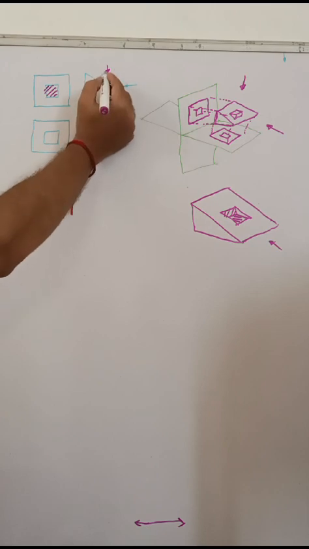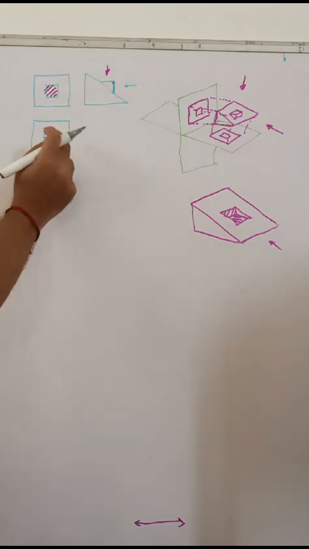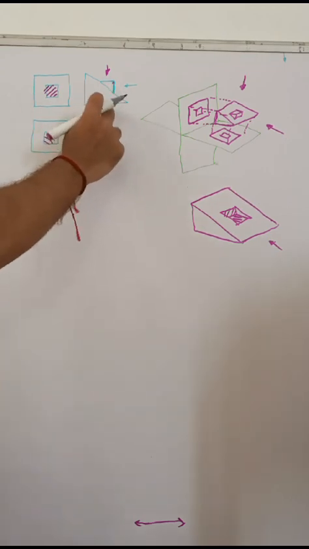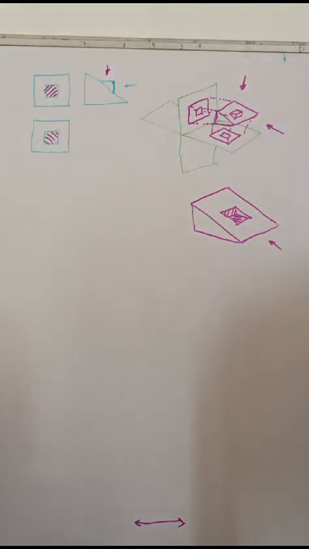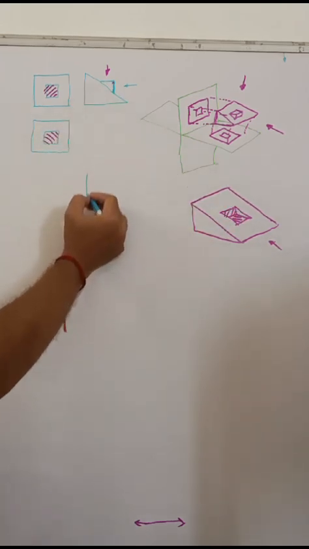Similarly from the top, if you project it here, this will be the face. So for more clarity you need this side view. Similarly for this case, you can have this side view.